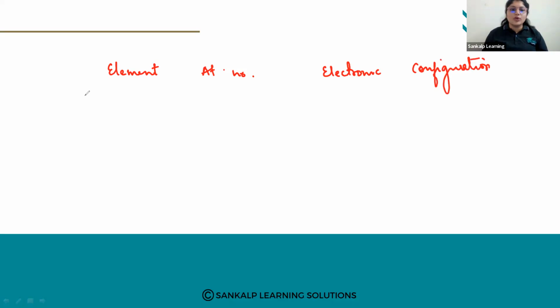It starts from the first element, actinium. I'll write the element, then atomic number, and electronic configuration. The element starts from actinium, Ac. I'll be writing the symbols.